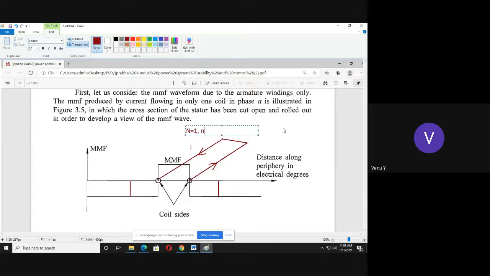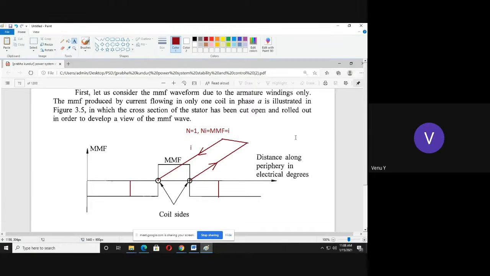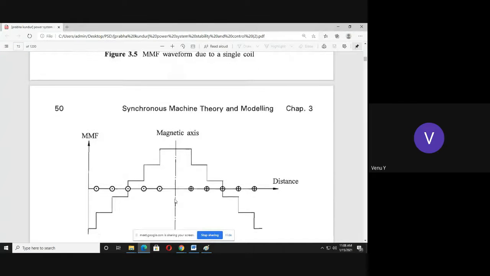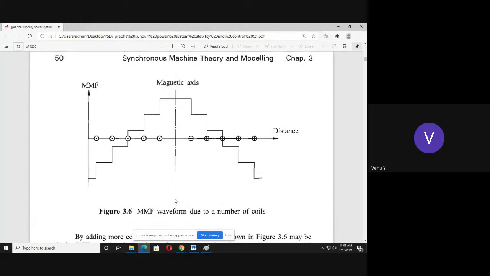Therefore Ni is the MMF, that is, MMF equal to I, which is the MMF due to a single turn coil. So in practice, you don't find single turn coils. You have multi-turn coils.